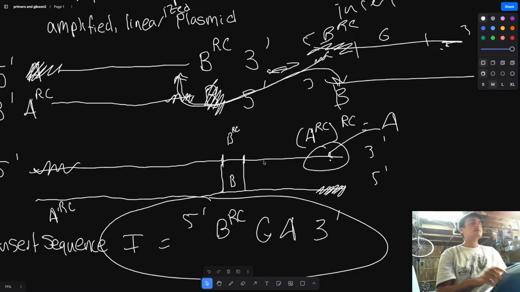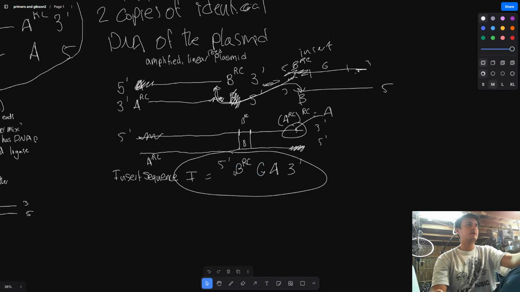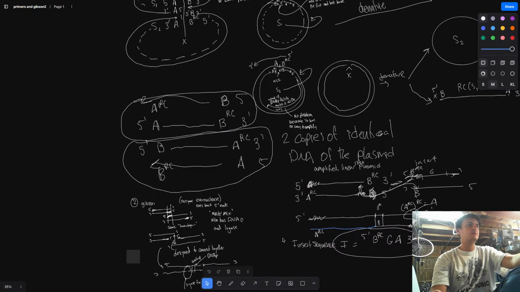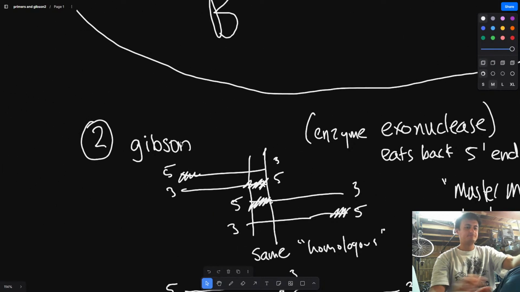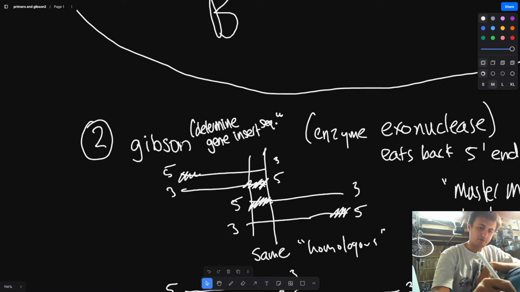All right. So the last thing that we need to do is figure out, so we have Gibson. Basically, the Gibson section is: determine gene insert sequence with overhangs.